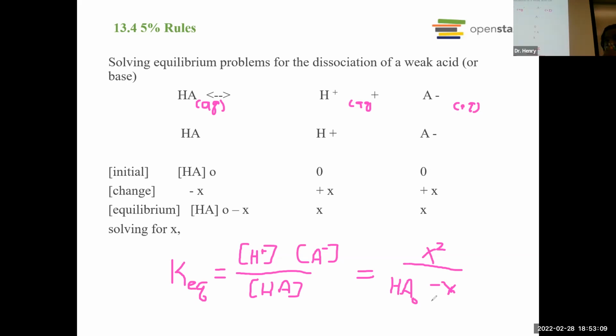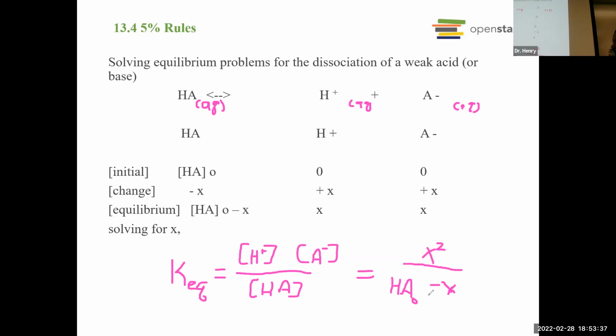Now, there is a rule called the 5% rule. Okay. So the 5% rule basically means that if this actual value is within 5% of what you believe it to be, then you don't take it into account, right? Or if it's less than 5% of this value, then you don't take it into account.